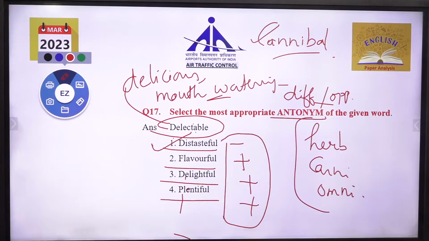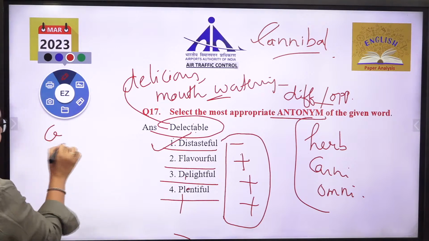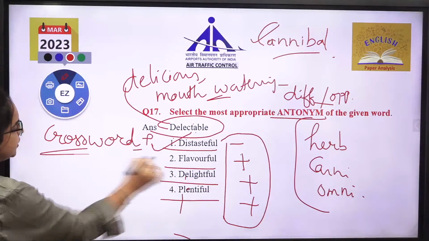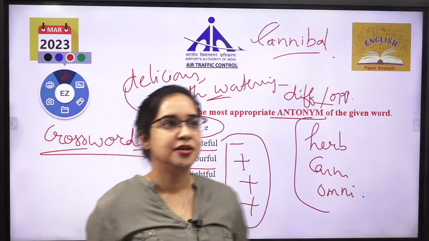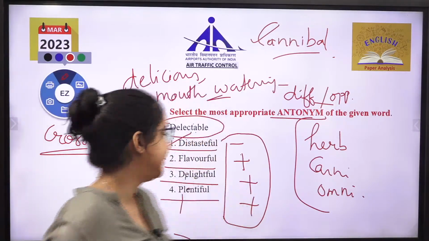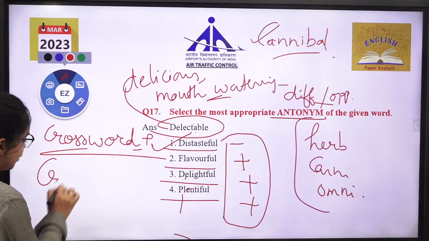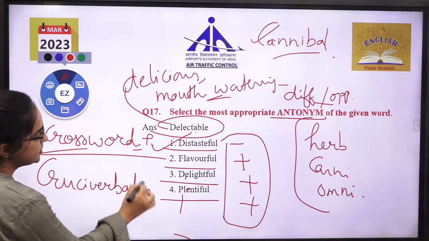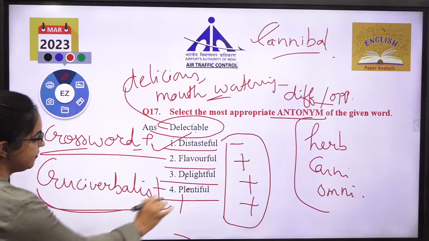Tell me. Anyone who has an idea? I mean, this word you can choose it for yourself also. Crossword lover and all that. What is that person called? I tell you this word. It is cruciverbalist.